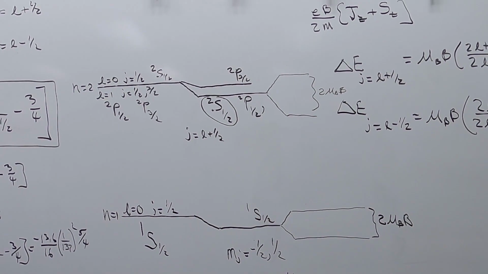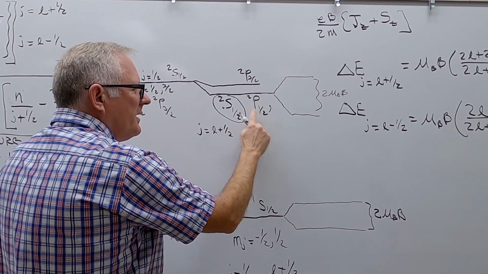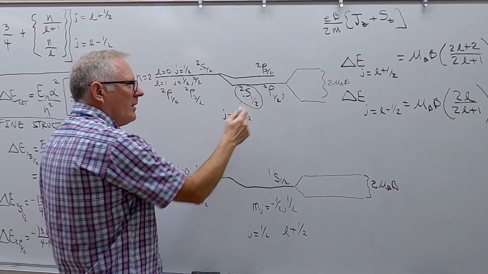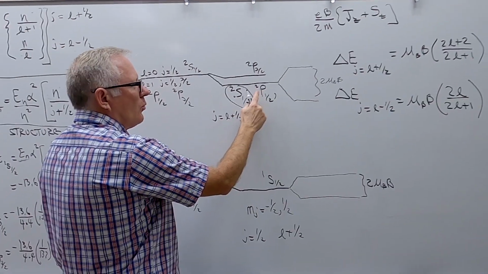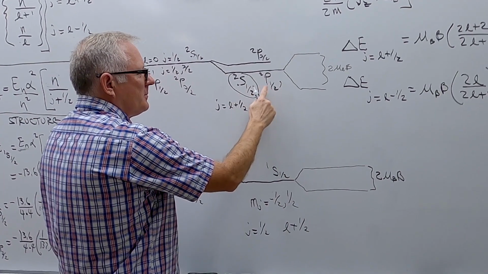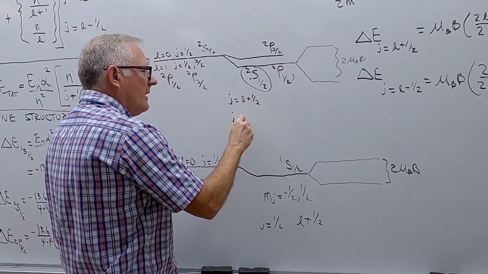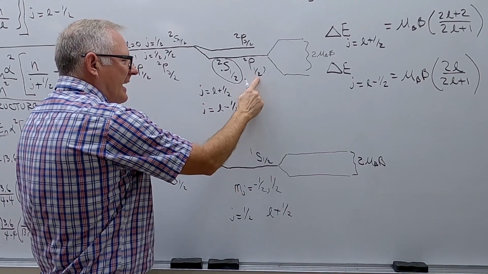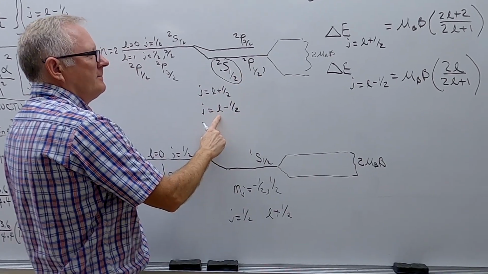And then I just want to look at this other one, this 2P1/2 state. Well, for this P1/2 state, we know L is equal to 1, and so this must be the J equal L minus a half case, because J is a half and L is 1.